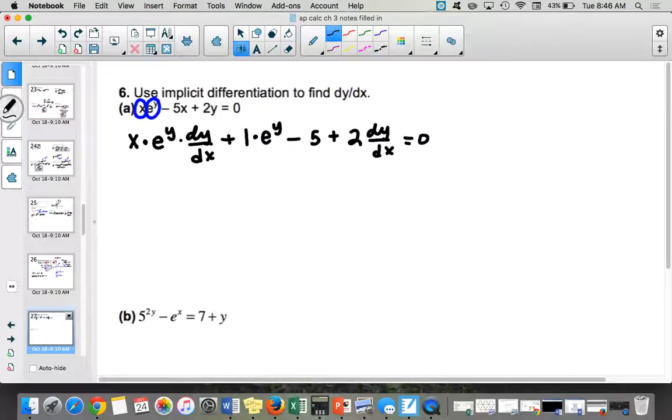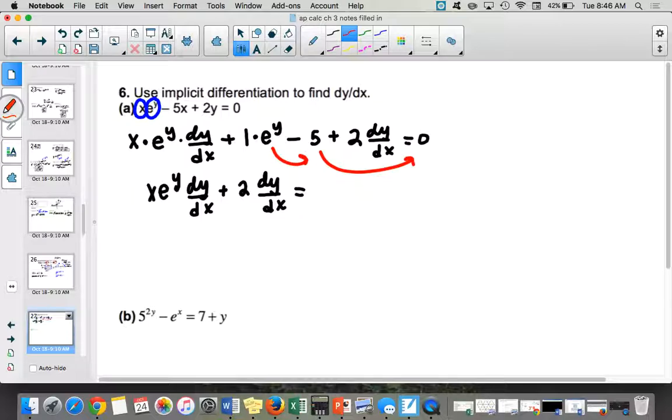So then we get all of our dy over dx's on one side. So I have x e to the y dy over dx plus 2 dy over dx. And I get anything that doesn't have a dy over dx over on the other side. So I'm going to add the 5 over, and I'm going to subtract the e to the y over. So I'm going to have 5 minus e to the y on the right-hand side.